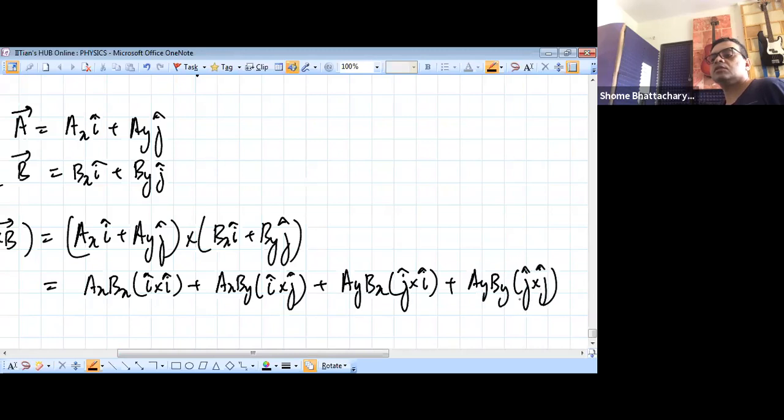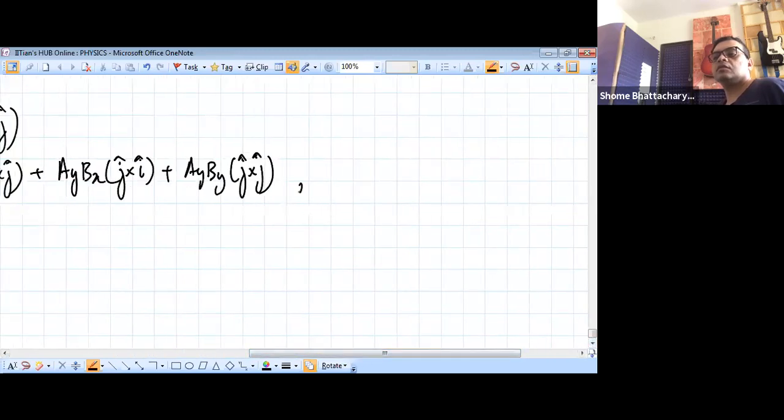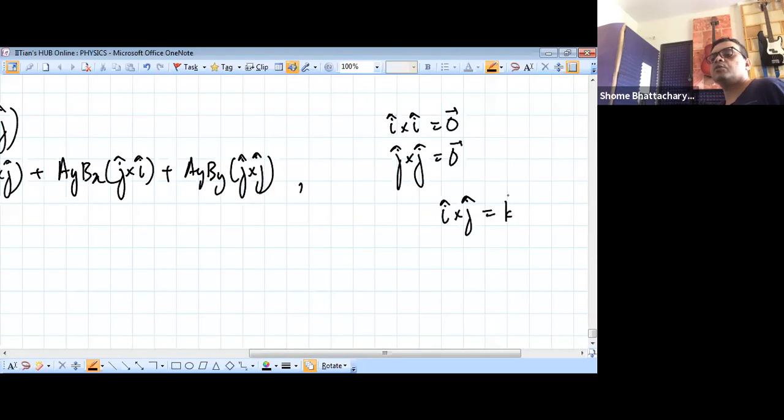Okay. Now in this operation, we know that i cap cross i cap is 0. We know that j cap cross j cap is 0 because they are parallel vectors. And we also know that i cross j is positive of k, whereas j cross i is minus of k. So we know these things, using this clockwise thing.